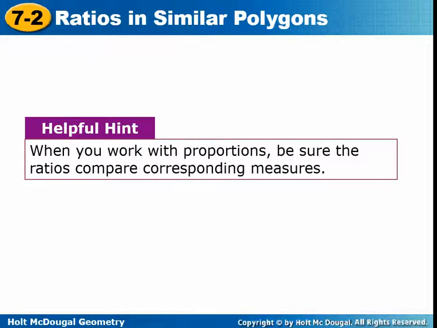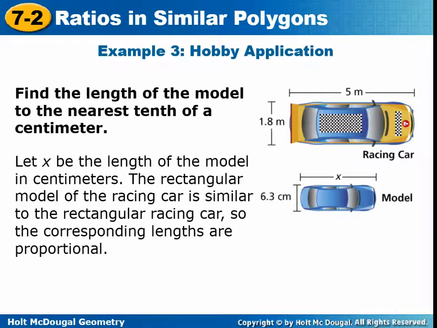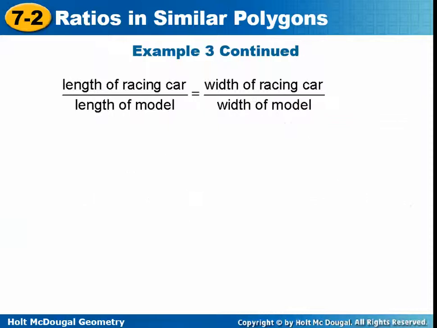Okay, when you work with proportions, be sure the ratios compare corresponding measures. Always make sure that you put the corresponding parts together. In this example, you're going to find the length of a model. So we're going to set up a proportion. We will use the length of the racing car over the length of the model equals the width of the racing car over the width of the model.